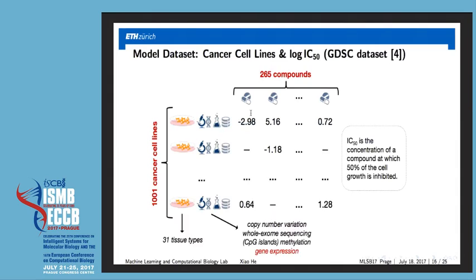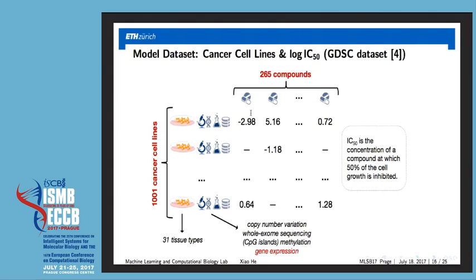We would like to test the methods on the hospital patient data sets, but we don't have them yet. So we test on the model data set, which the previous speaker talked about, the genomic drug sensitivity in cancer data sets, where there are 1,000 cell lines and 265 compounds.